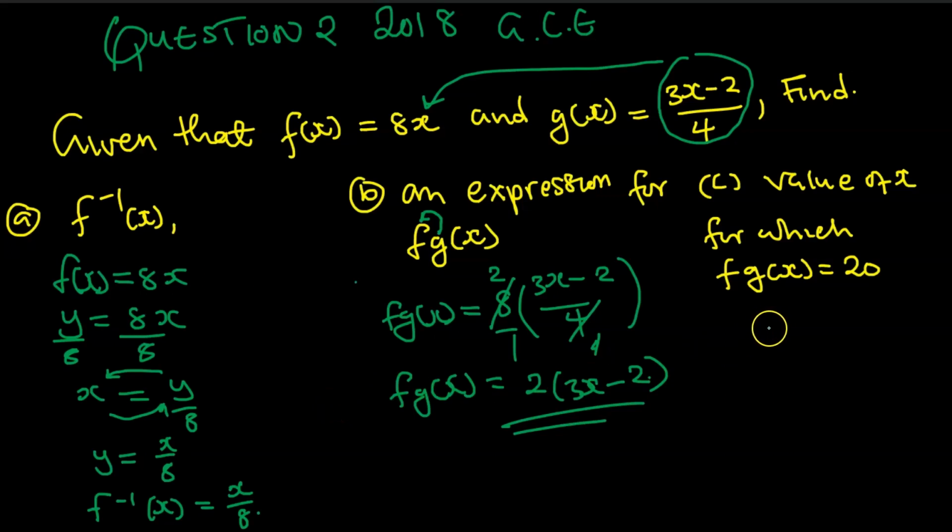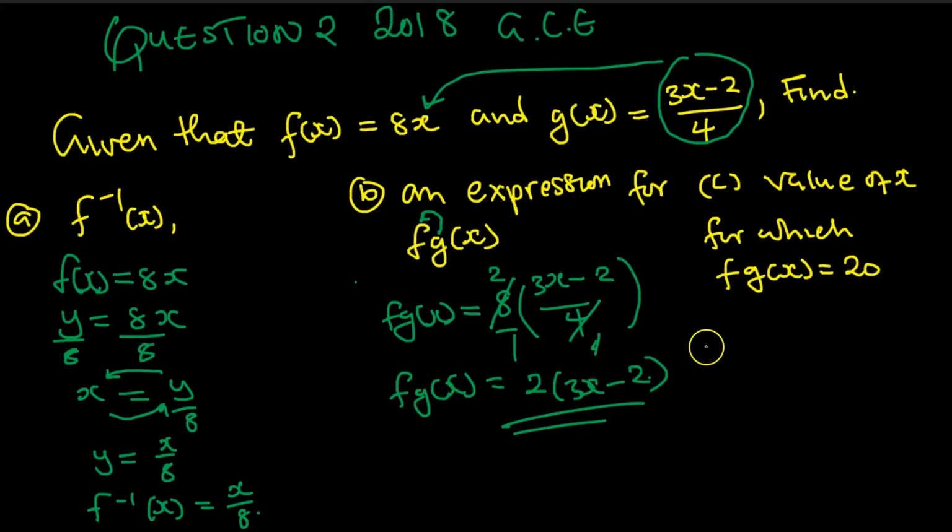Okay. Then what is the other one? The C1 says, find the value of x for which fg(x) is equal to 20. Find the value of x for which fg(x), the whole of this function, is equal to, you equate it to 20.